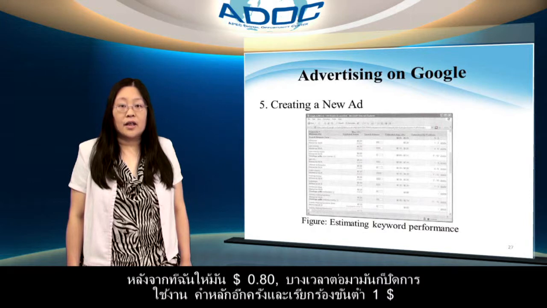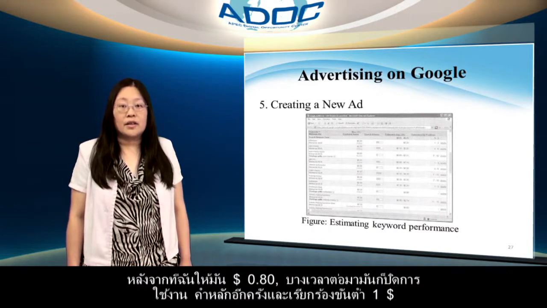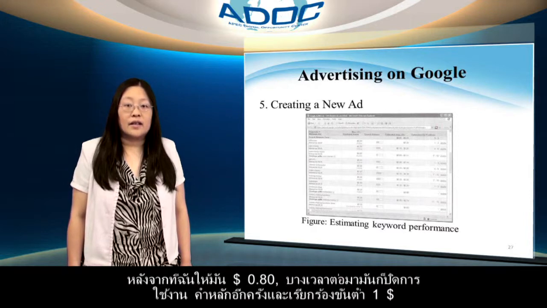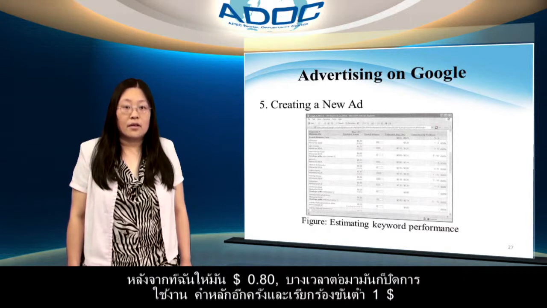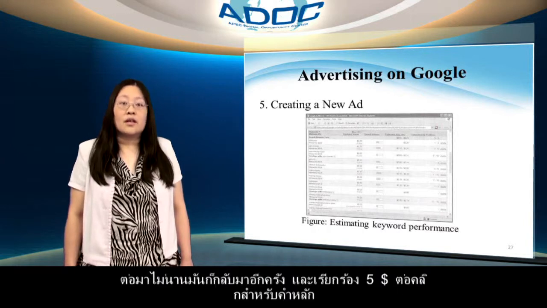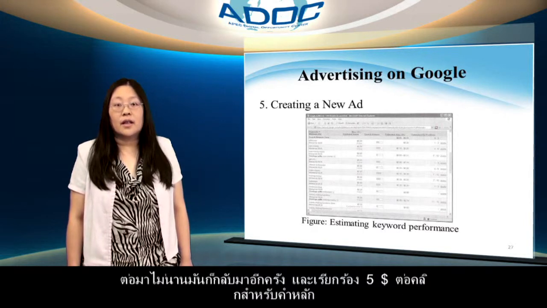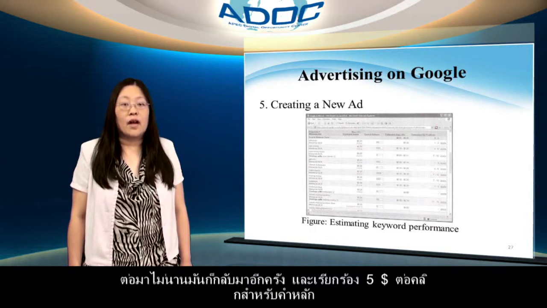After I gave it $0.8, sometime later it deactivated the keyword again and demanded a minimum of $1. Curious, I gave it $1 per click for the keyword. Sometime later, it came back again and demanded $5 per click for the keyword.